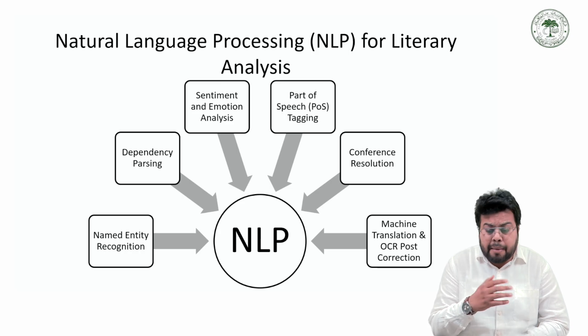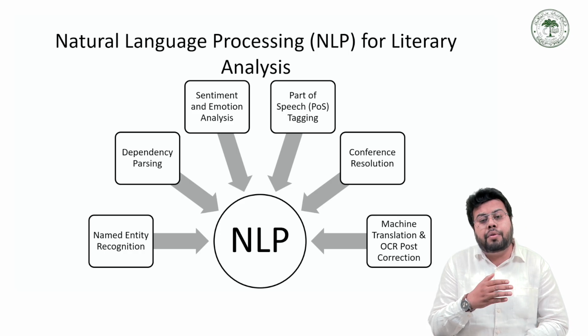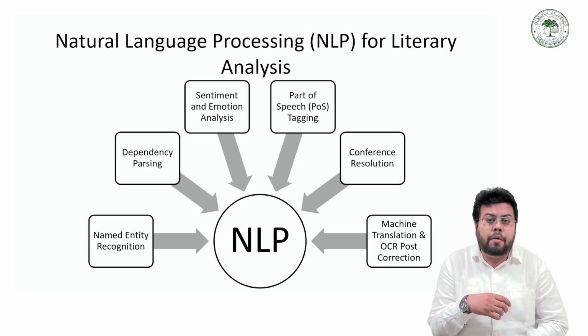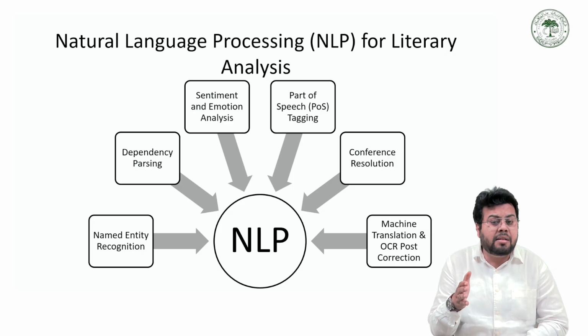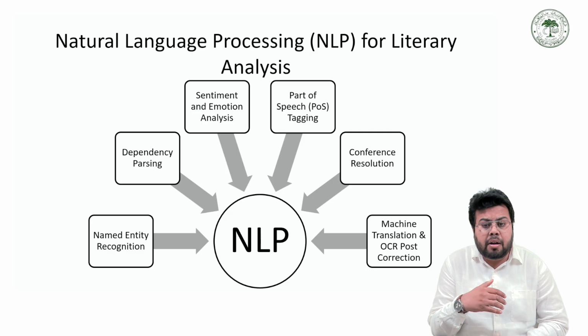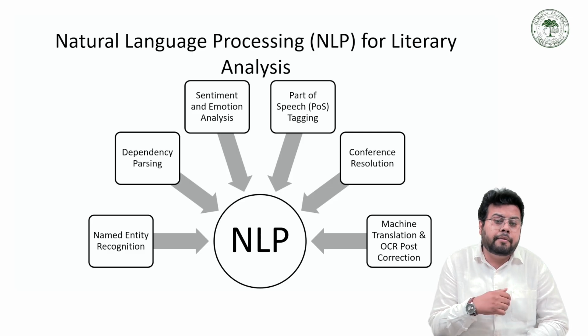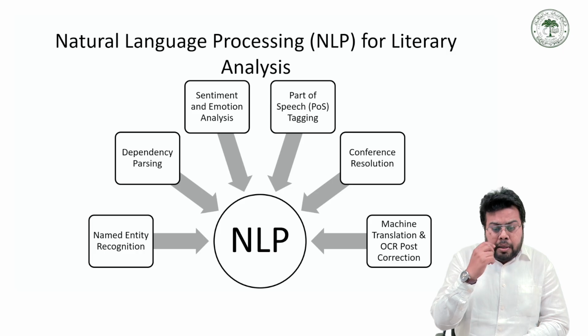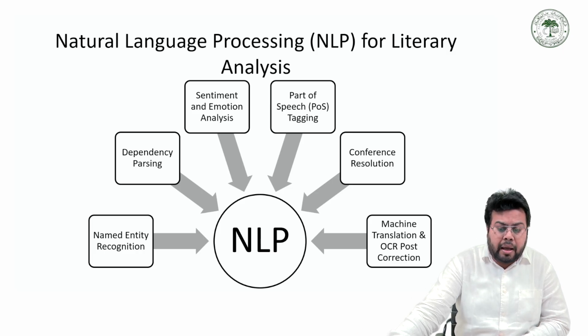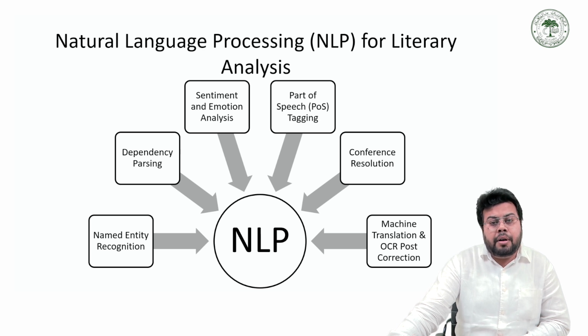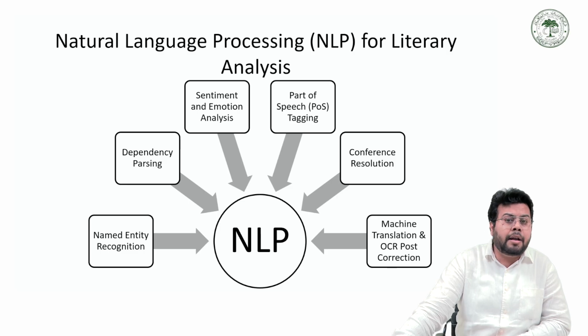For example, NLP can be used to trace themes across hundreds of novels, analyze emotional patterns in Shakespeare's plays, or map interaction among characters in a literary work. Now, within the NLP, we have named entity recognition. Named entity recognition identifies people, places, organizations, and dates in text.